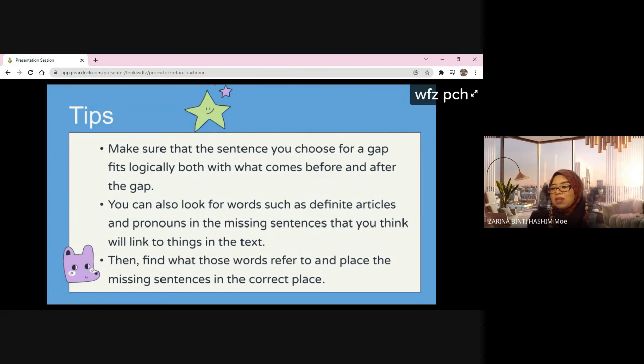Then find what those words refer to and place the missing sentences in the correct place. That means from the answers given, you have to look at whether they talk specifically about the sentence before and after. You have to analyze and understand the answers given before you come to the correct answer.